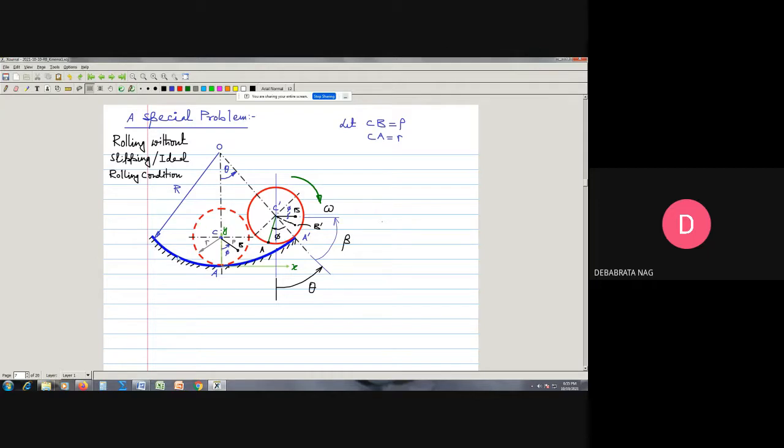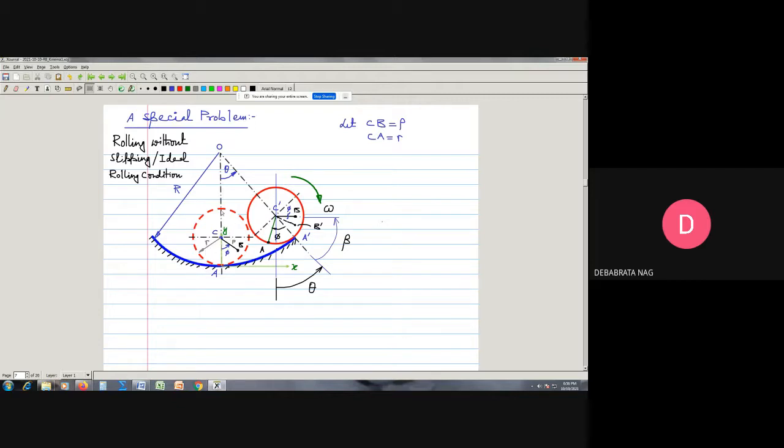Here we can see that there is an arc-like path whose center is at the point O and whose radius of curvature is capital R. And we have a cylinder or a sphere-like rigid body, whose radius is r.